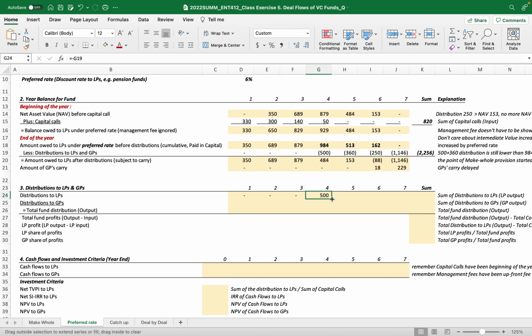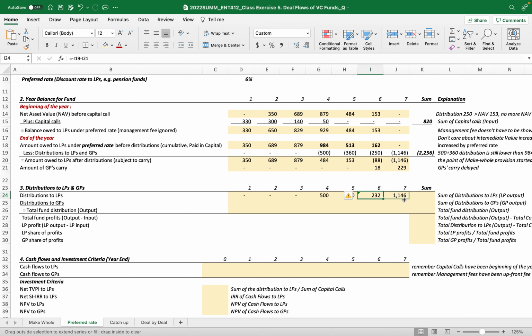And then let's drag. But here, this amount now must be subtracted 18, right? Because 18 is now going to the GP's carry.